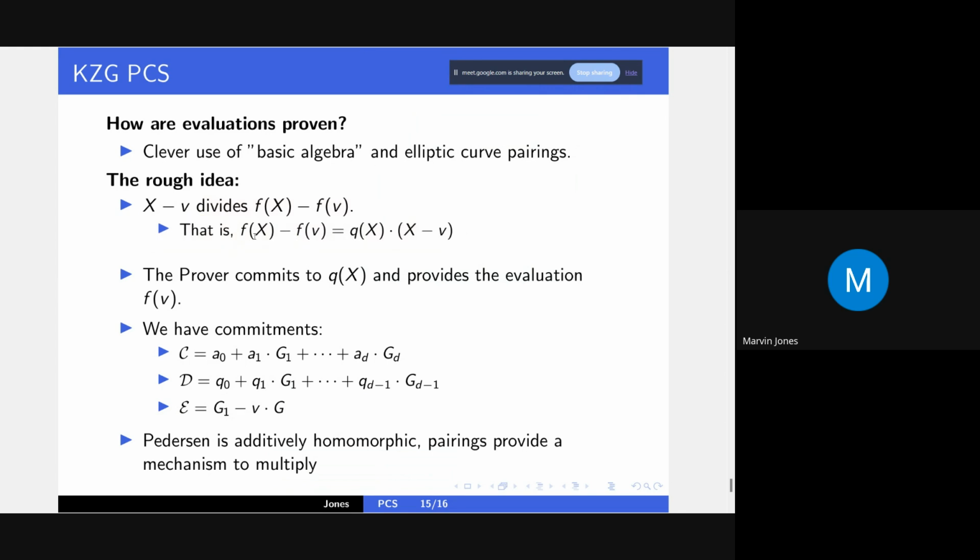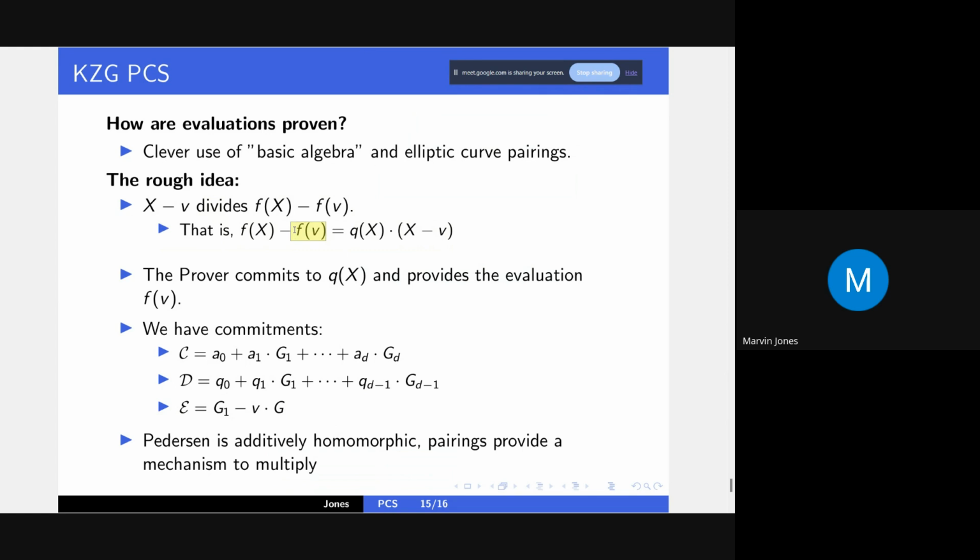Because what KZG is actually doing, if you look at the elliptic curve identity very briefly, is essentially f(x) = q(x) times (x minus v) plus f(v).